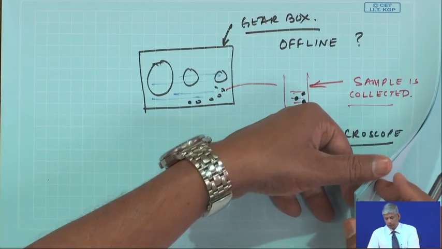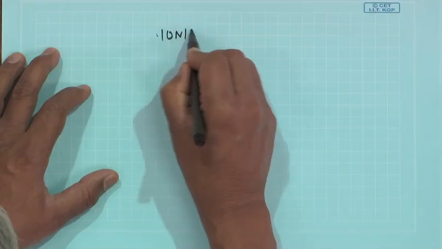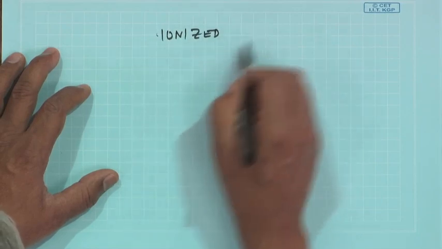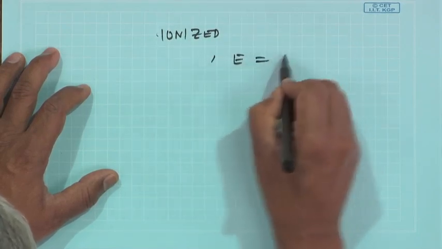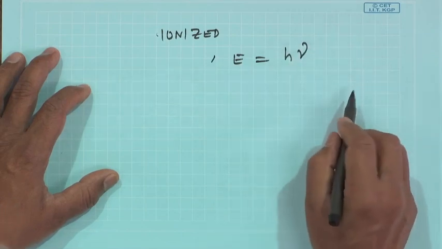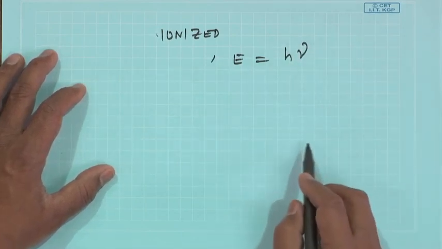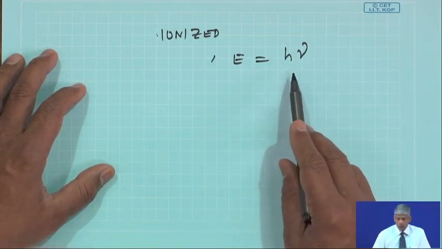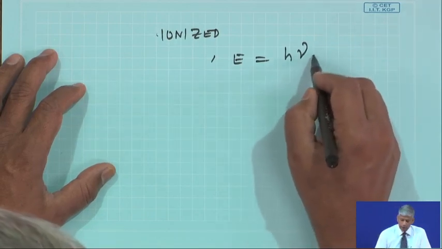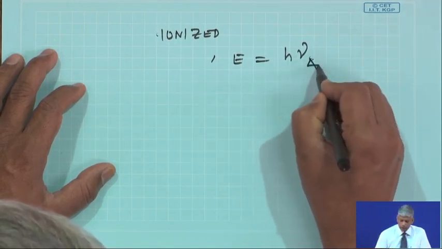In fact, you know every element, when heated or ionized, the electrons will jump from an orbit at their characteristic frequencies.